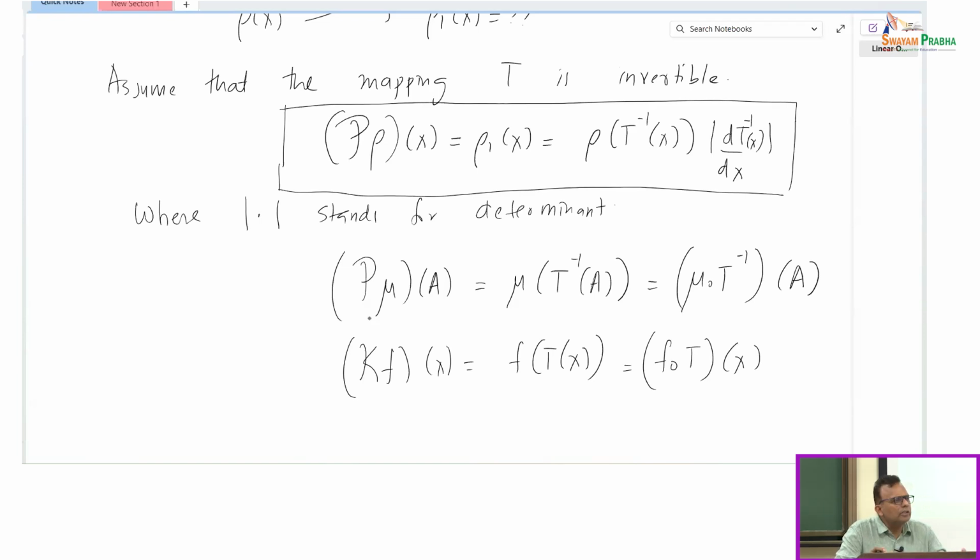So just a 2 minute description of what measures are. What is a function? A function is basically a scalar valued function. Given a point x, this function gives you the number at the point x. Right? You can associate a scalar, a complex number or a real number, depending upon whether the function is a mapping to the complex plane or to the real line. Right? What are the measures? Measures act on sets.